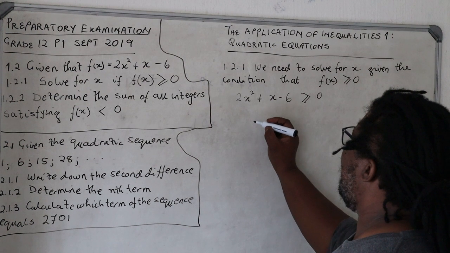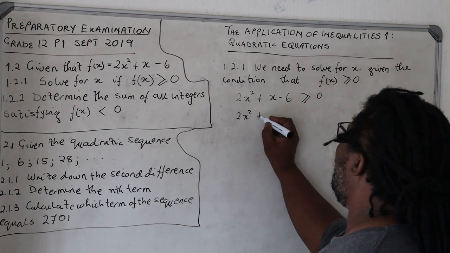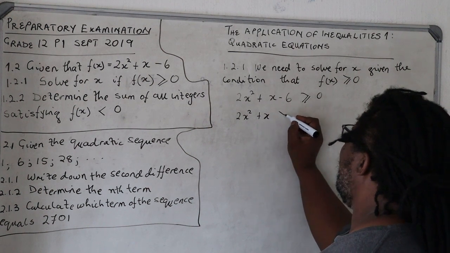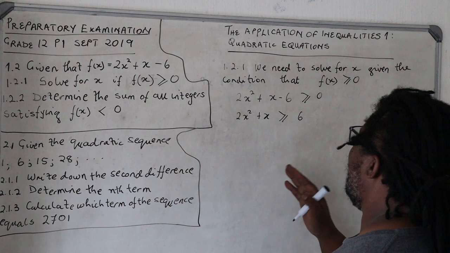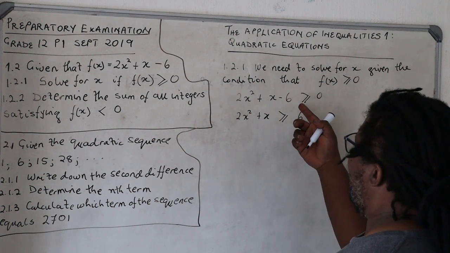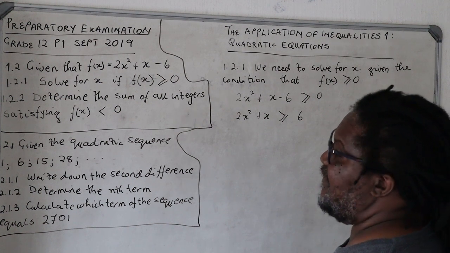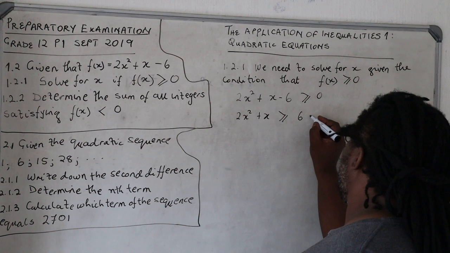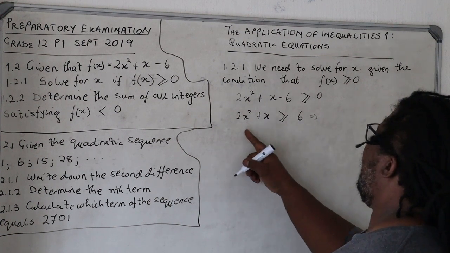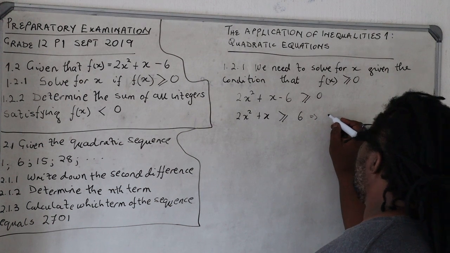In other words, we can say 2x squared plus x is greater than or equal to 6. If you add 6 on both sides, 6 minus 6 is 0, and 0 plus 6 is 6.